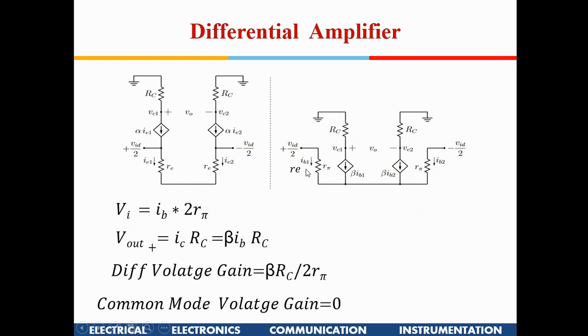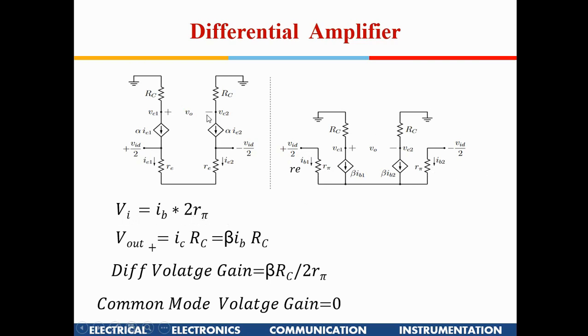Now if I write a KVL here, it will be plus VID by 2 and minus VID by 2. If you add these two voltages, it will be VID, and IB is the current flowing through the two R pi, so 2 R pi.